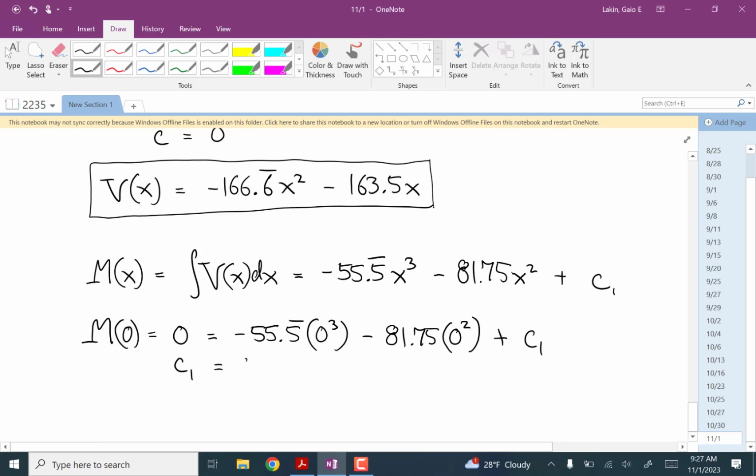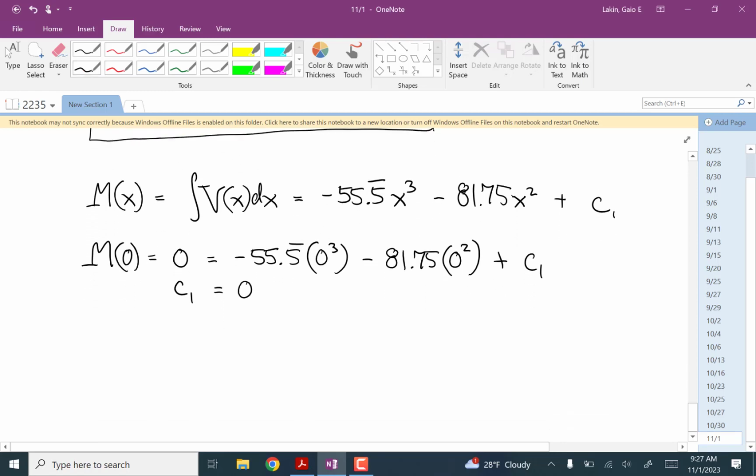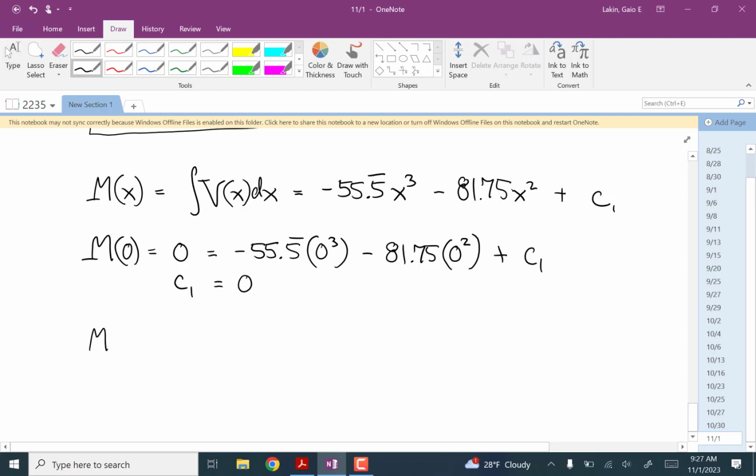So c1 is 0. And so the bending moment as a function of x is just negative 55.5 repeating x cubed minus 81.75 x squared.